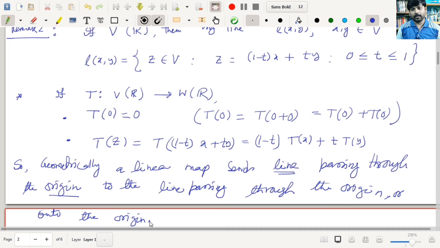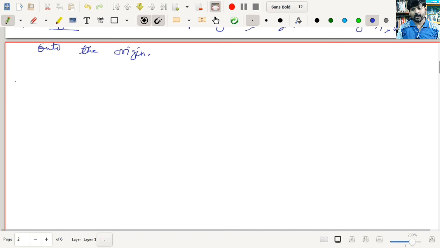Geometrically, a linear map sends a line passing through the origin to a line passing through the origin, or to the point origin.